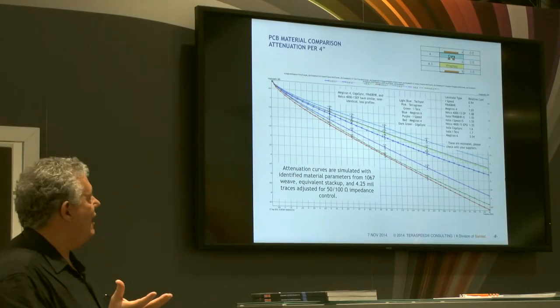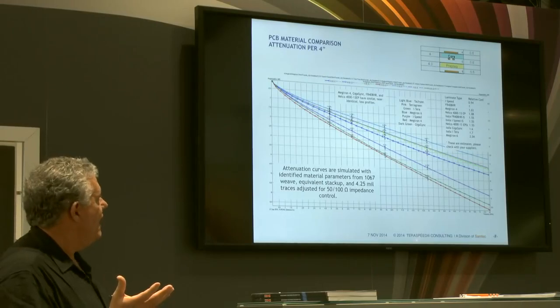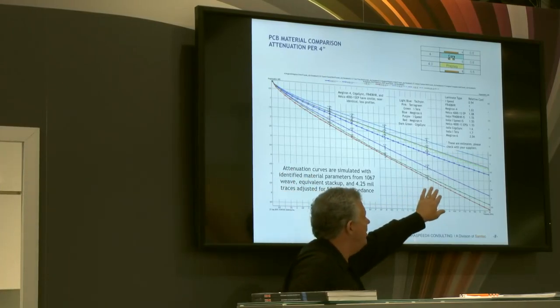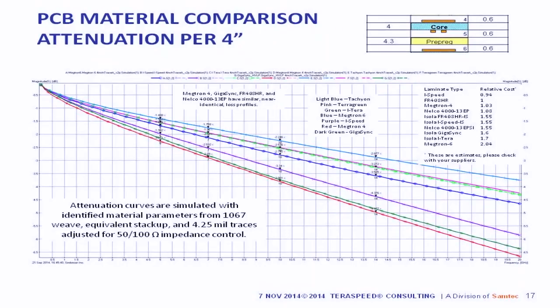So here's a plot of a number of modern materials. What you'll see is, from bottom to top, higher loss materials to low loss materials. So at the bottom is Megtron 4. Just above that is a material called GigaSync.